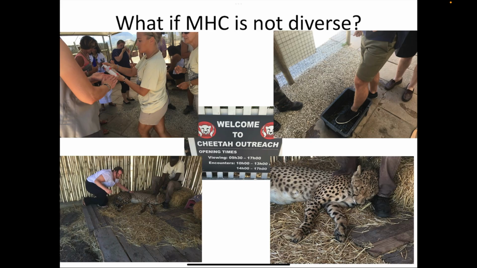And so when you go to cheetah rescue, you have to spend a lot of time disinfecting hands and feet and all sorts of things before you're allowed to pet the cheetahs, because we really have to pay a lot of attention to making sure that the cheetahs are not getting different microbes. So cheetahs are one example of what would be bad if our MHC was not diverse. So yay, we are not the cheetahs.